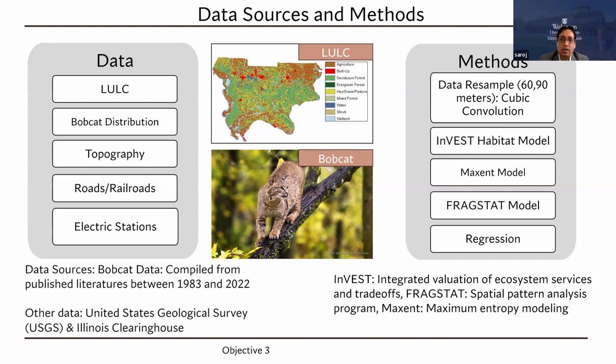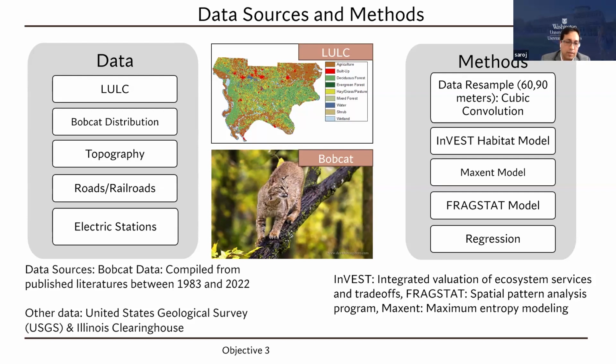The InVEST model provides you a habitat score from 0 to 1 based on the threats you provide for the species. We have to define the threats. In this case, one example will be urban area, because it is not a good habitat for bobcat.